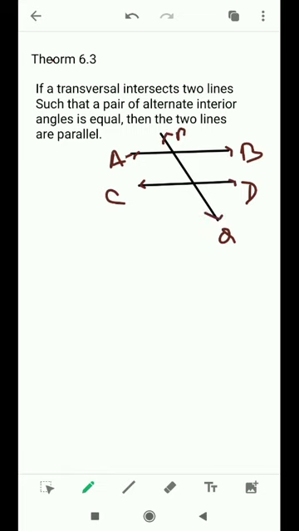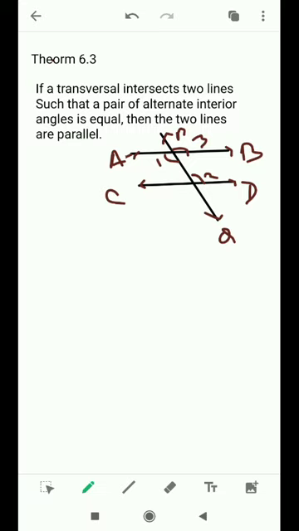Here it is already given that one pair of alternate interior angles are equal. So suppose I am writing here this one is equal to 2. Now we have to prove that the lines are parallel. So how to prove? Here I will take another angle, that one is 3.